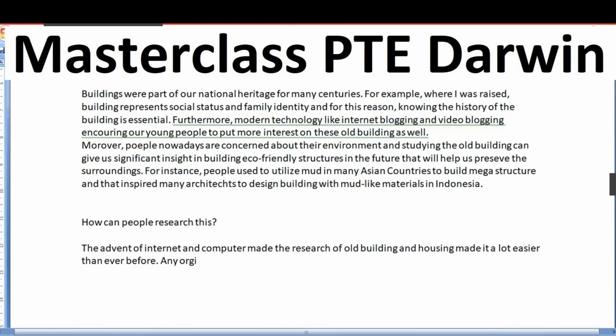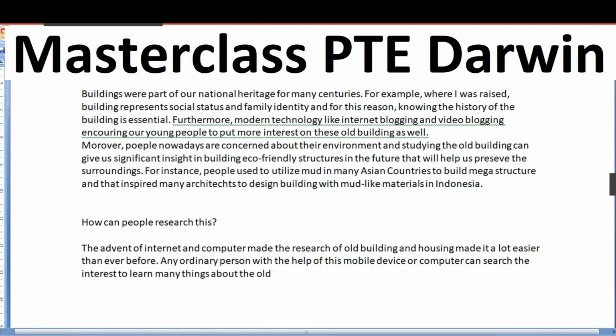Any ordinary person, with the help of his mobile device or computer, can search the internet to learn many things about old buildings without any expert knowledge.